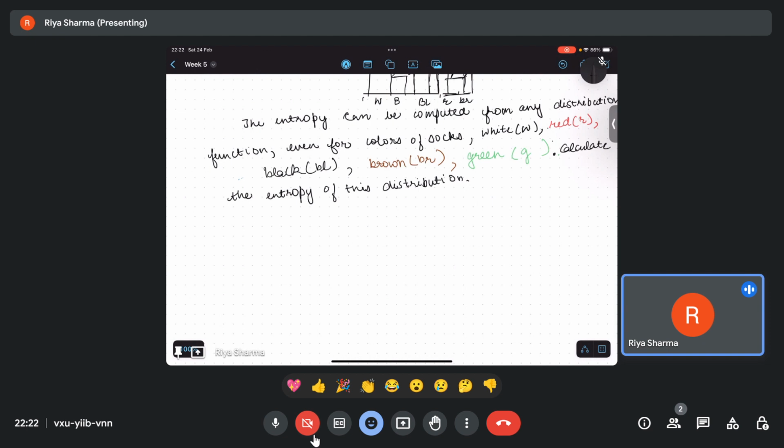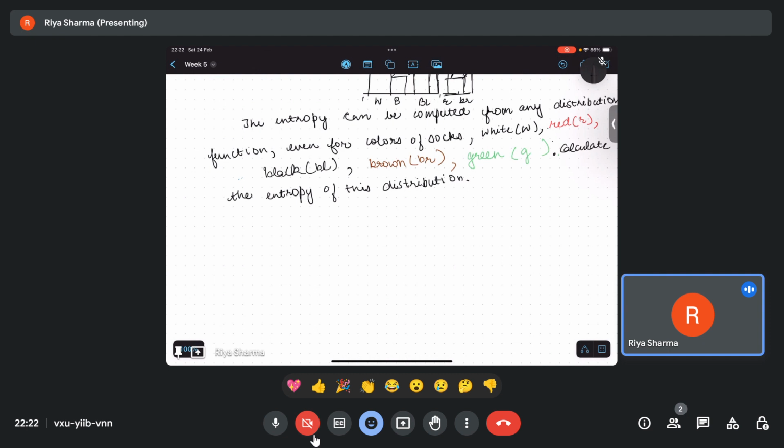It is saying that there are different colors which have different partition functions, or the probabilities, which have already been given to us. So how shall we proceed? You can try for a minute and then we will start.